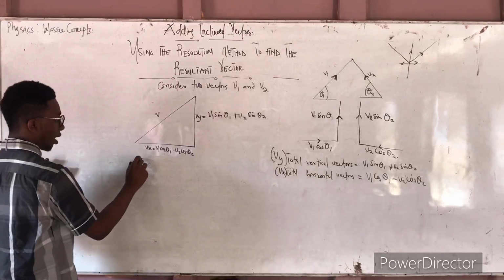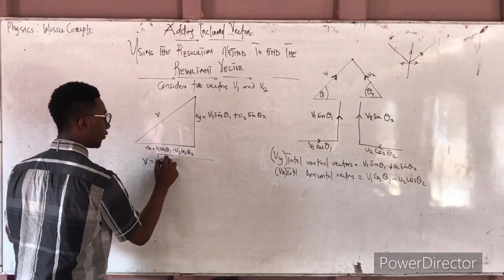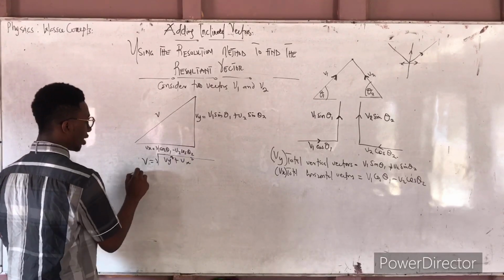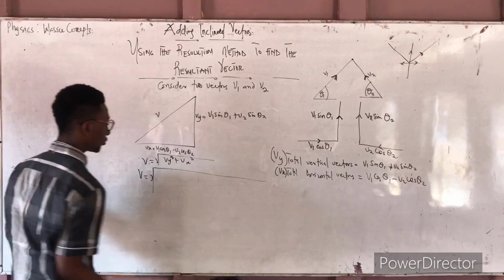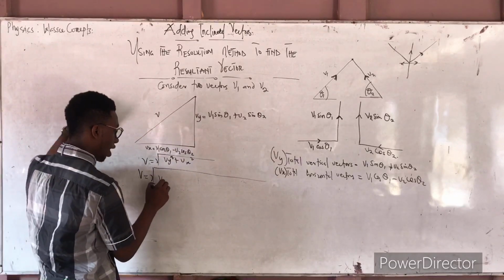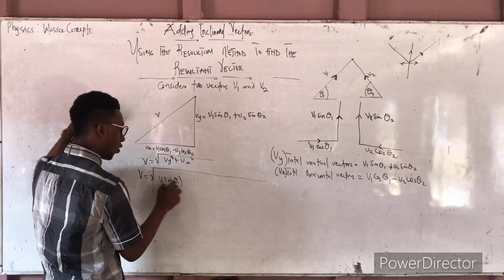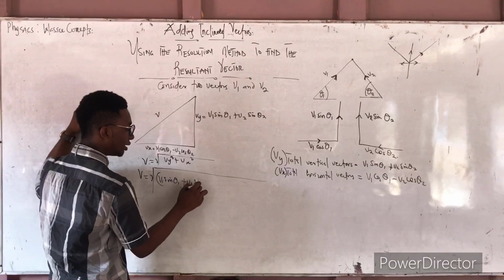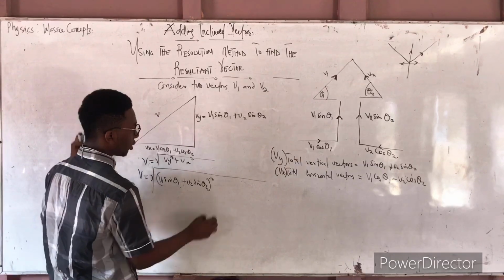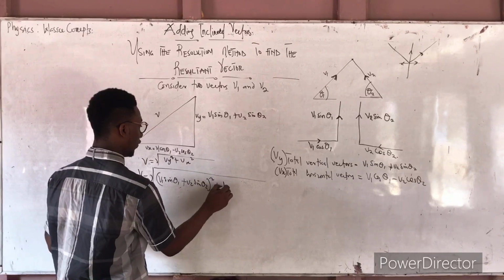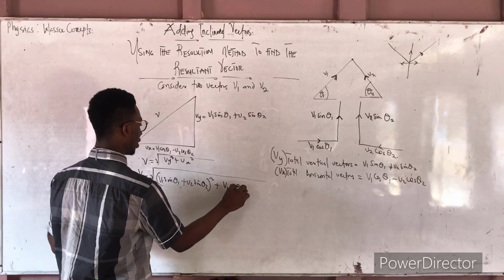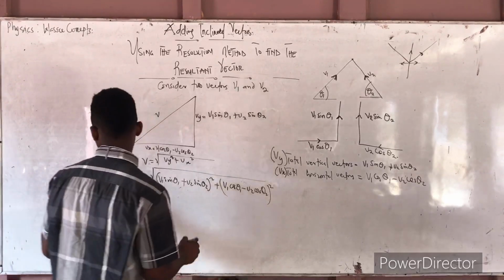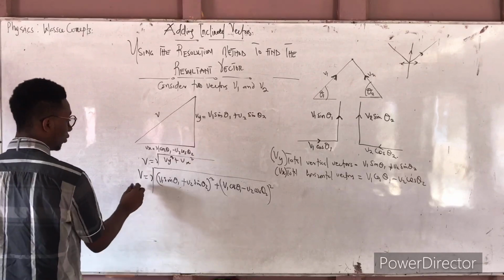So therefore, our v is equal to the root of vy squared plus vx squared. So v is equal to the root of (v1 sine theta 1 plus v2 sine theta 2) all squared plus (v1 cos theta 1 minus v2 cos theta 2) all squared. So now this value you get here is your resultant vector.